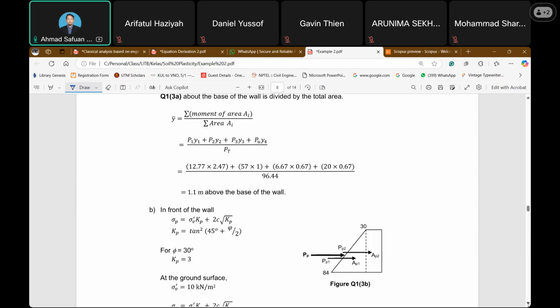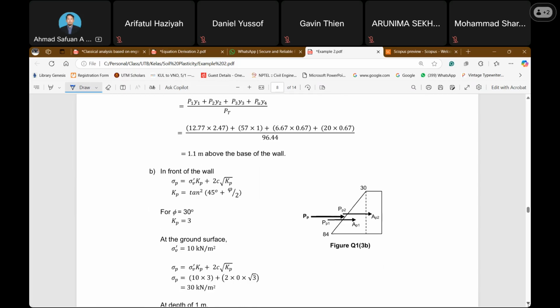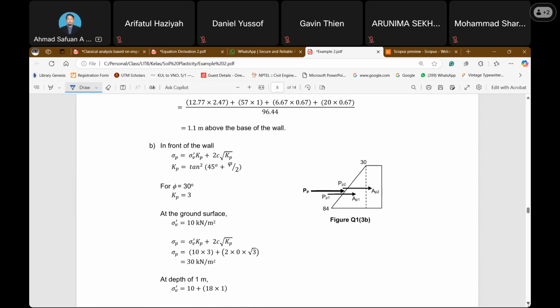Then the Kp is equal to tan squared of 45 plus phi over 2, for the surface of 10.